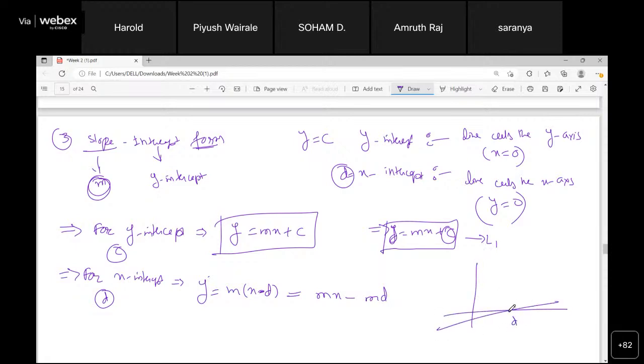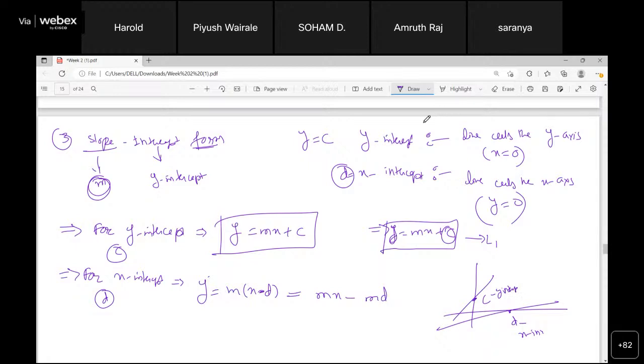It's cutting the x-axis. In the previous case, it was cutting the y-axis, that was c. And here it is cutting the x-axis, that is d. This is my x-intercept and this is my y-intercept. Are you getting what I'm saying? Any doubt in this part?